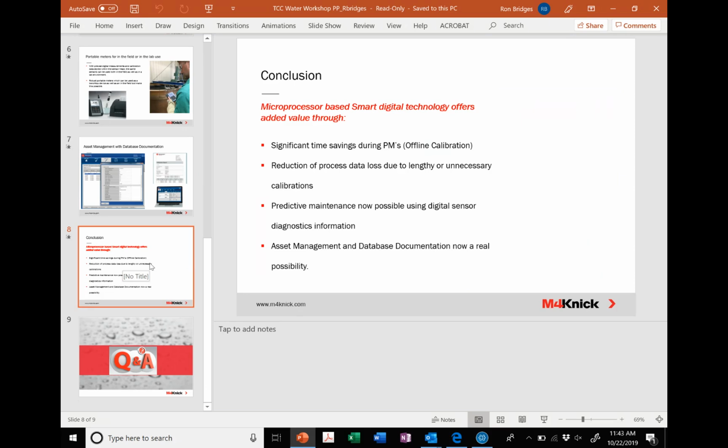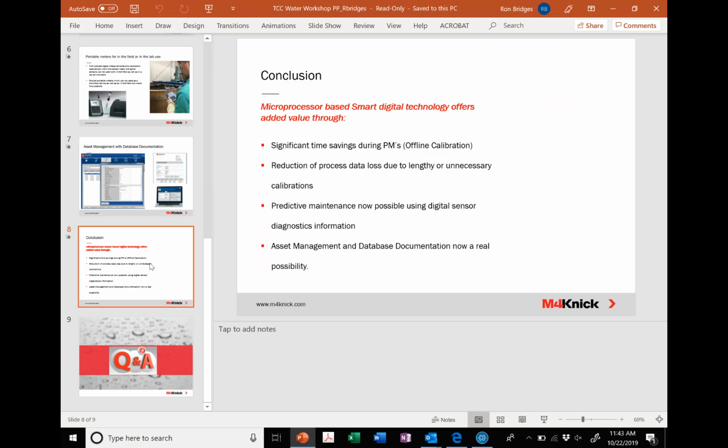So in conclusion, when you're looking at the microprocessor and how it's changed and brought on the smart digital technology, the values that you get from it, number one, is significant time savings for PMs. You now can truly do offline calibrations at a more convenient time versus having to be in the process units. Number two, reduction of process data loss.